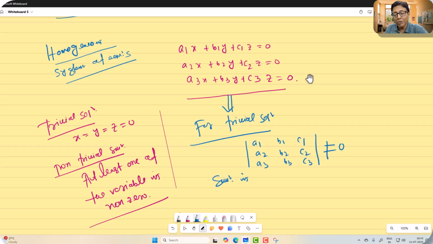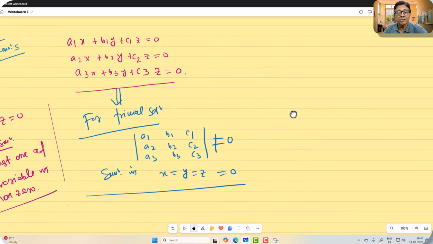Then the solution is what? X, Y, Z all are equal to 0. Okay, without any hesitation you will put the values of all three variables 0 if the coefficient determinant is not equal to 0.